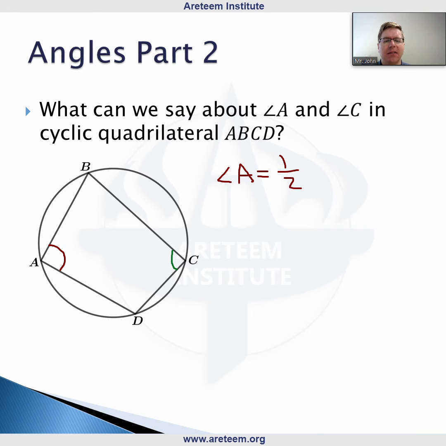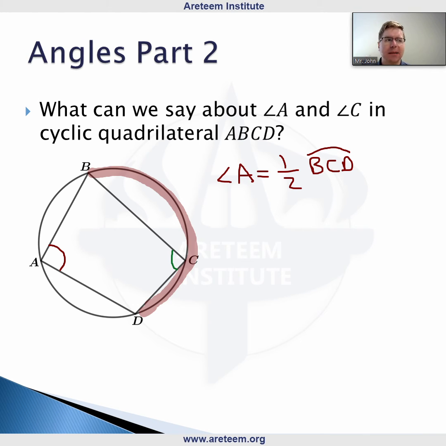That's 1/2 the arc BD. But let me just call it, for clarity, BCD in this case. So why am I calling it BCD? Well, this is a little bit of a spoiler, but we'll see in a second that we have this portion of the circle there. And I'm just including the C so that it's clear that we are that portion of the arc BD in this case.